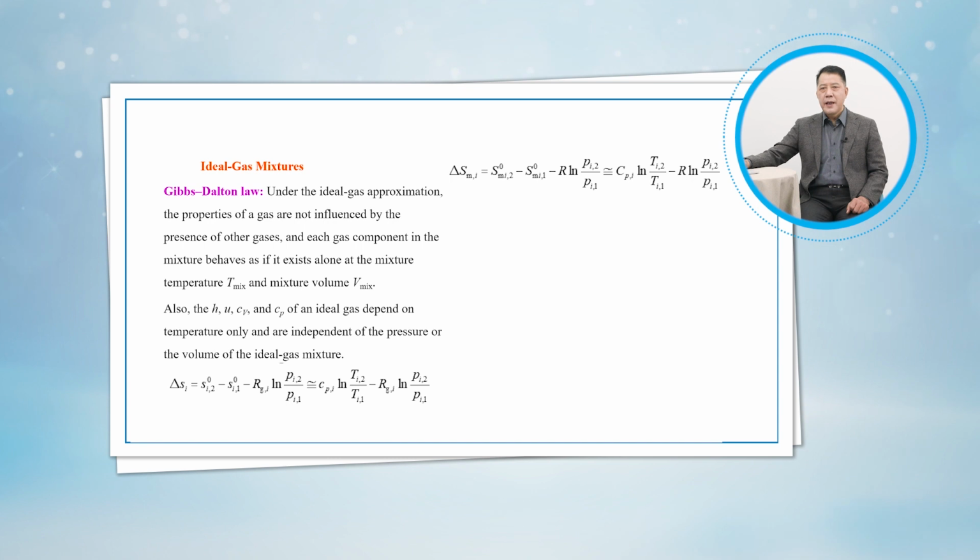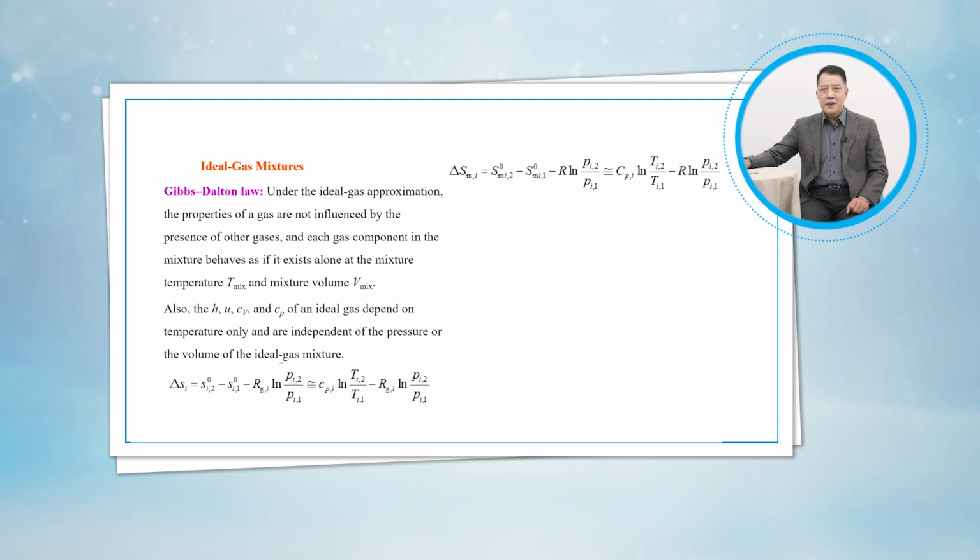Care should be exercised, however, in evaluating the entropy change of the components, since the entropy of an ideal gas depends on the pressure or the volume of the components as well as on its temperature.